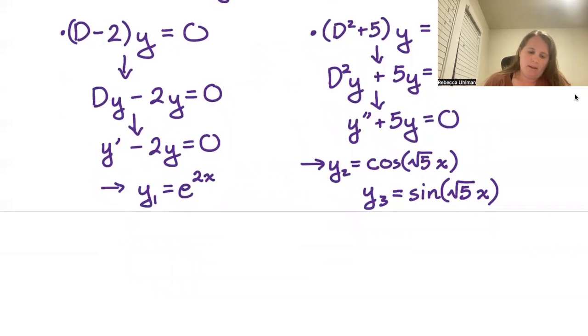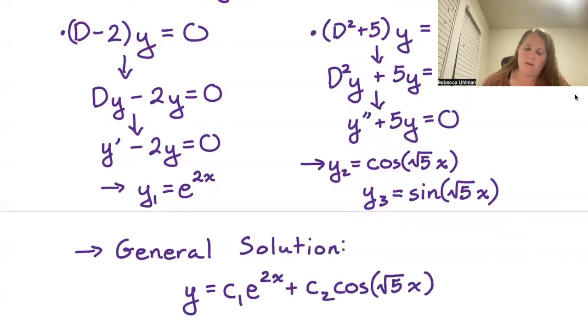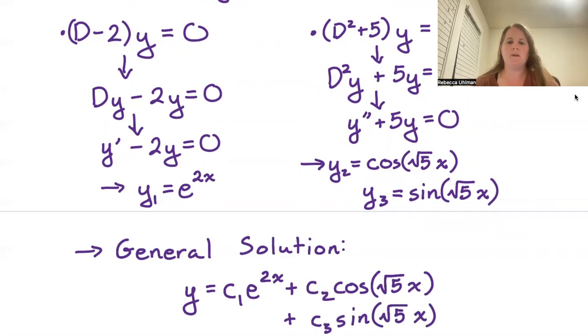And we wind up getting that our general solution is y equals c1 e to the 2x plus c2 cosine of the square root of 5 times x plus c3 times sine of the square root of 5 times x.